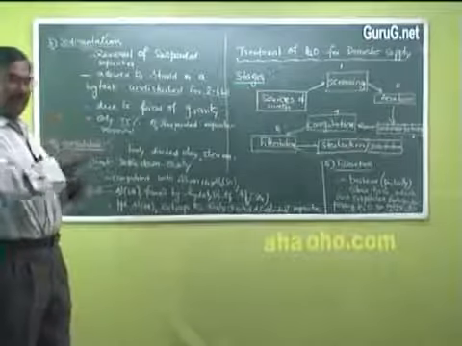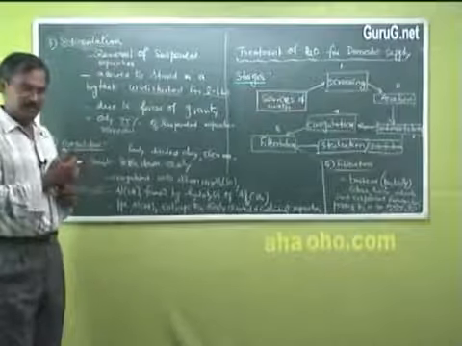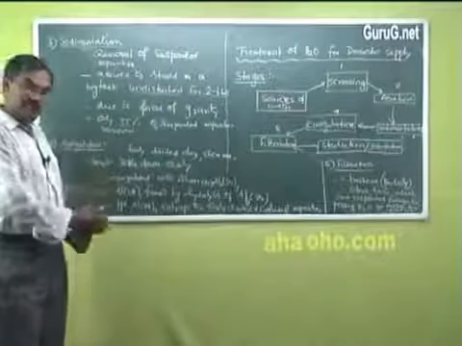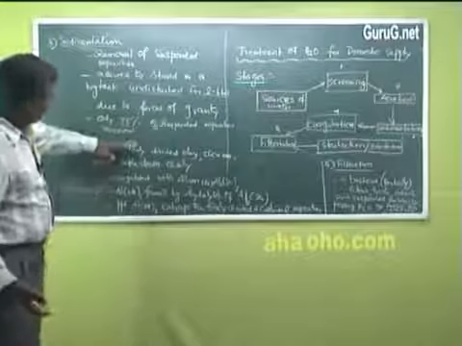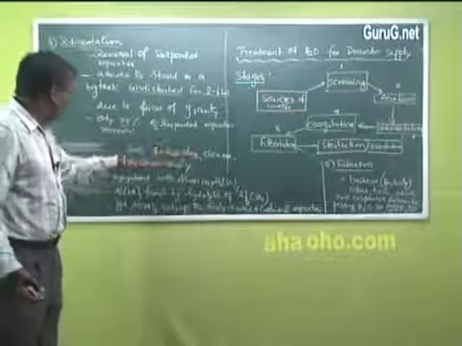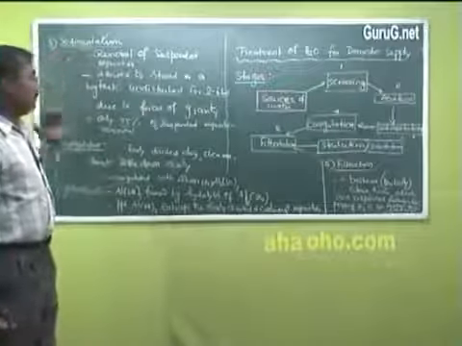So the settlement is hastened by adding such coagulating agents, and this coagulation is mainly for settling down the particles of clay and silica which do not settle down in the normal course of sedimentation.